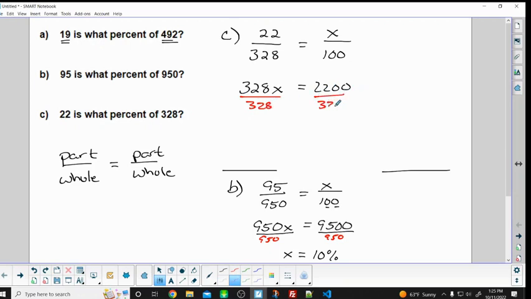Divide by 328, and we have x is equal to, gotta type that in my calculator really quick, and I'm getting 6.7073177073. And we will round that off to the nearest tenth, which is 6.7%. And that's it.